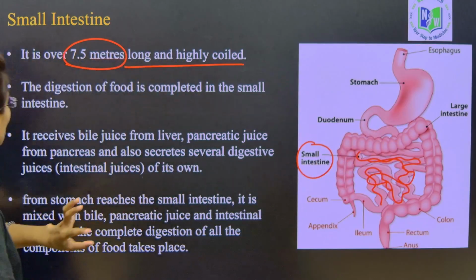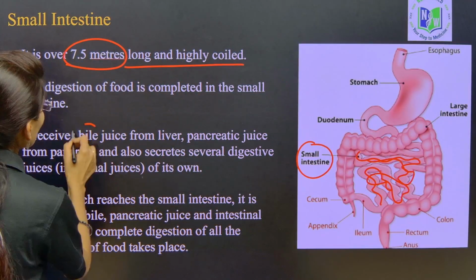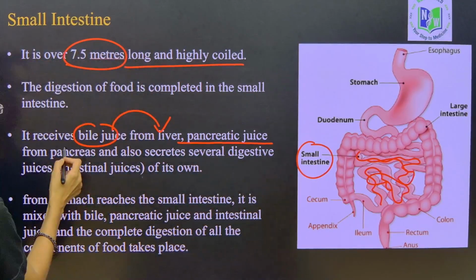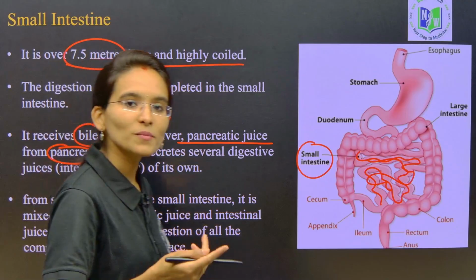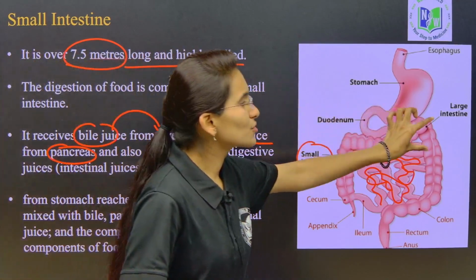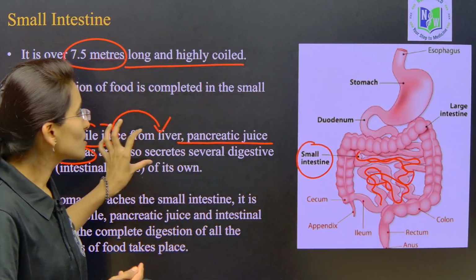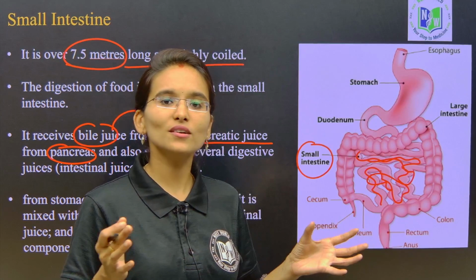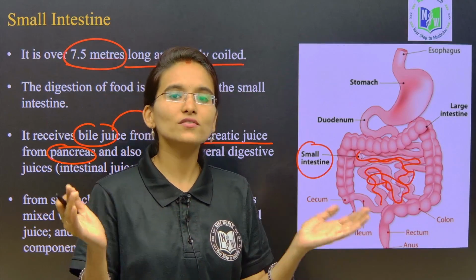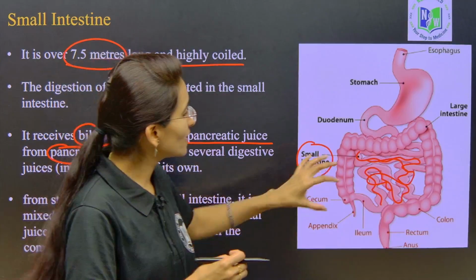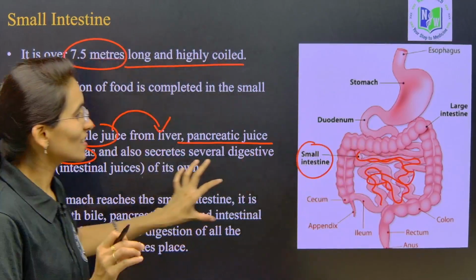Okay. So look into the points: it receives bile juice from the liver. Next, pancreatic juice from where, my dear students? Pancreatic juice from the pancreas. Along with the pancreatic juice and the bile juice, the small intestine is also involved in the secretion of many digestive enzymes. With the help of all these, the food is digested completely in the small intestine itself, right.